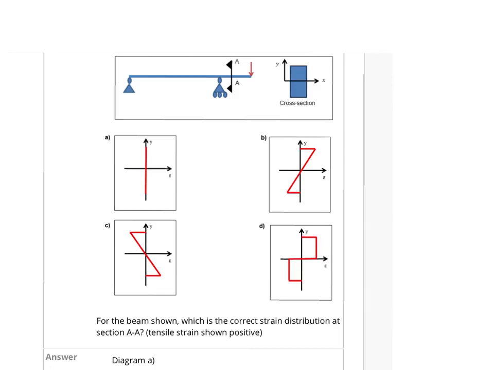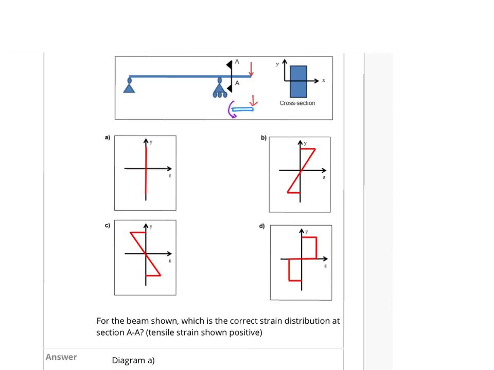So first of all, you have to find out what is the nature of the bending moment at cross section A. If I isolate this part over here and we have a load at this point, what do you think the bending moment at this cross section A would be? The bending moment at this point would be like this.